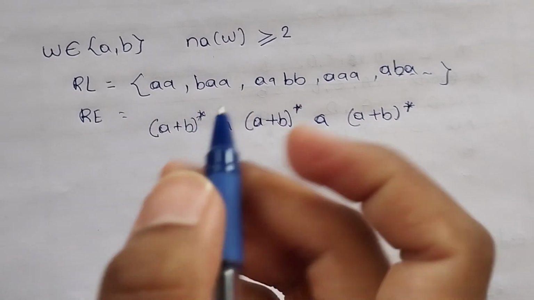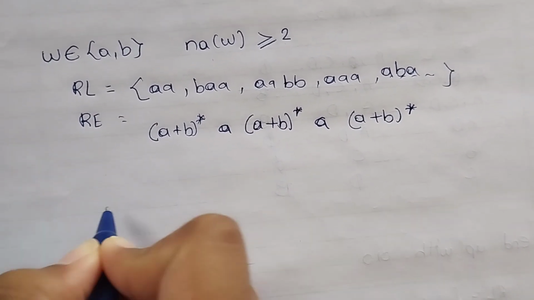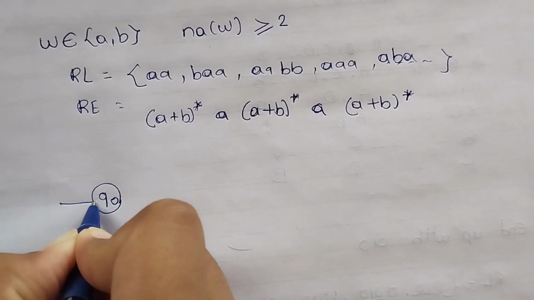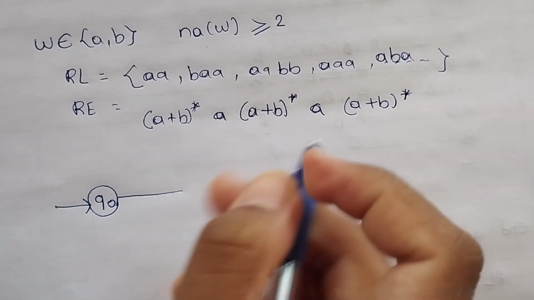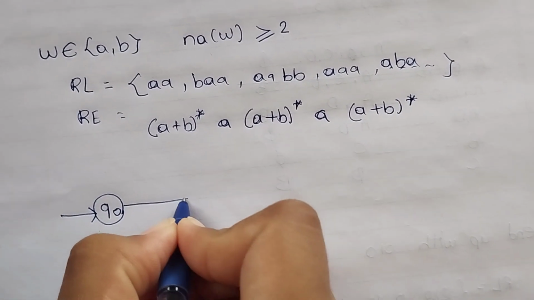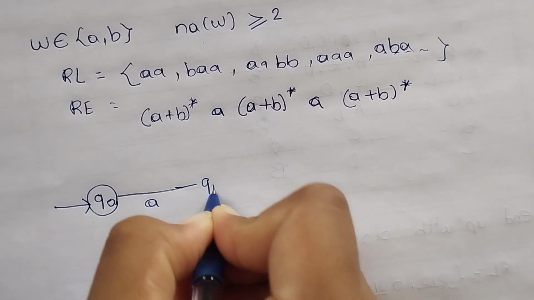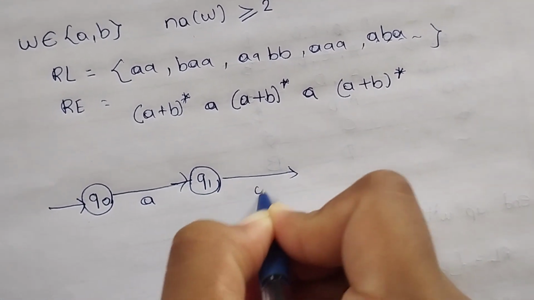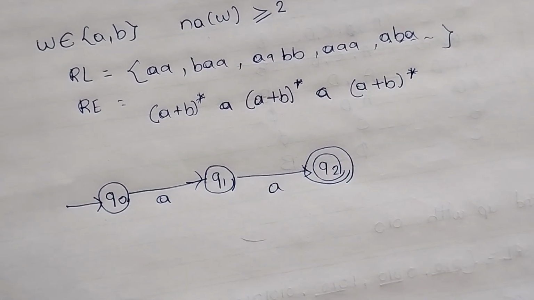Now we draw the DFA. The DFA starts from Q0, which is the initial state. Now write the compulsory part first, then think about the remaining transitions. So this A is compulsory, going to Q1, then this A goes to Q2, and now the string is accepted.